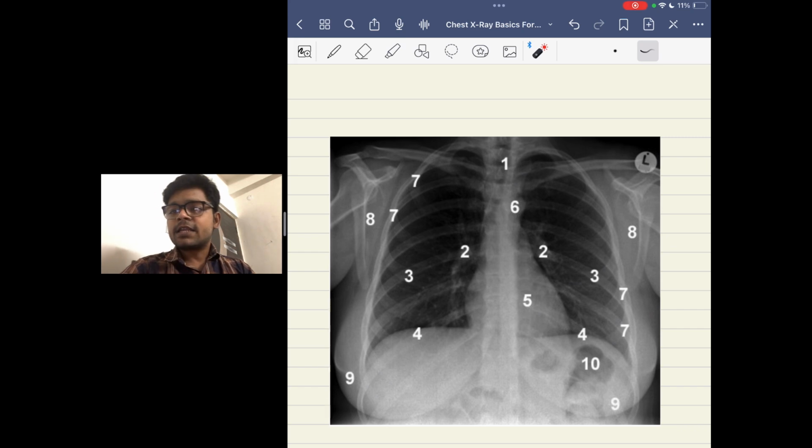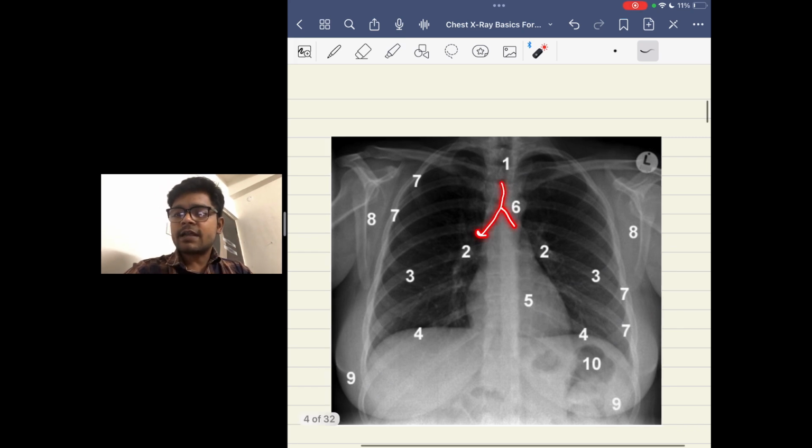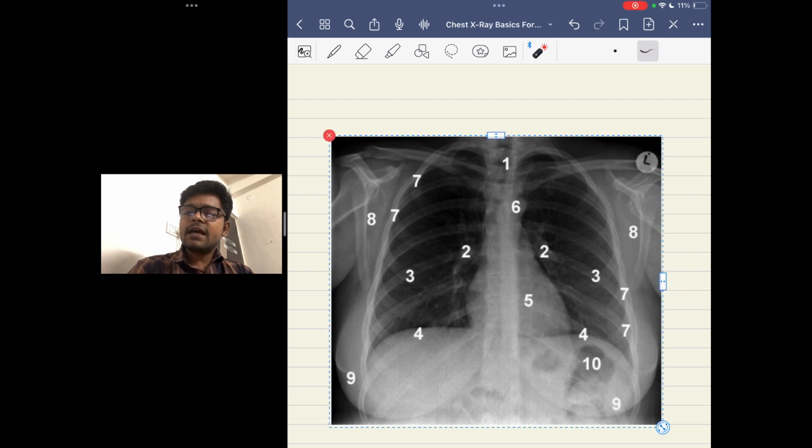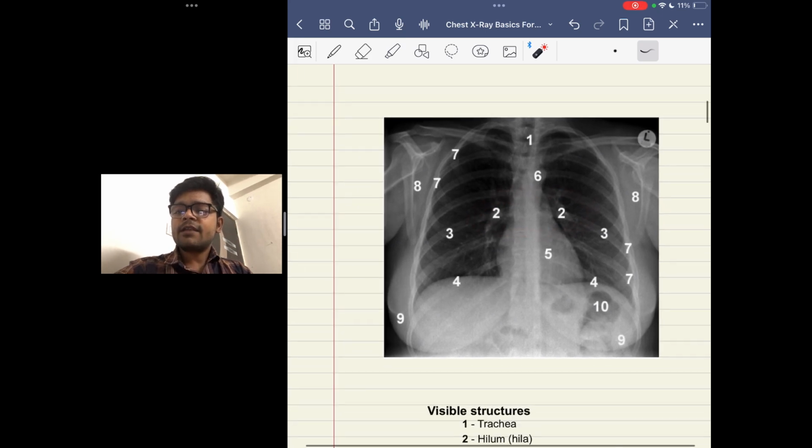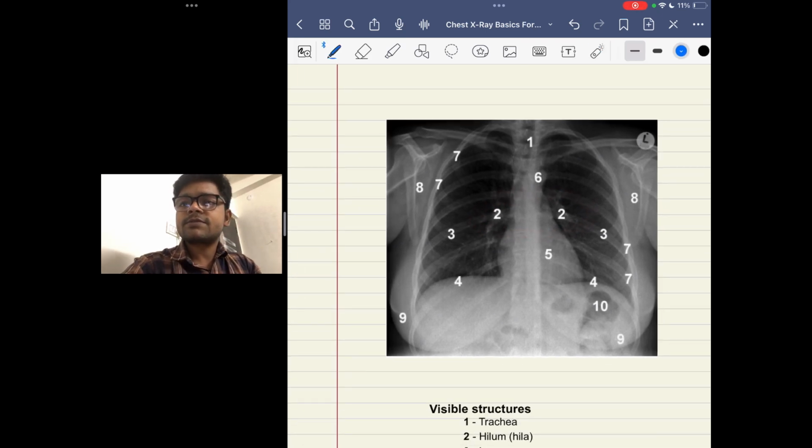Now this will divide into the right main bronchus and the left main bronchus. The area noted by number 2 is the hilar area. The important structures that you can note at the hilar area are the bronchi, the right main bronchus and the left main bronchus.